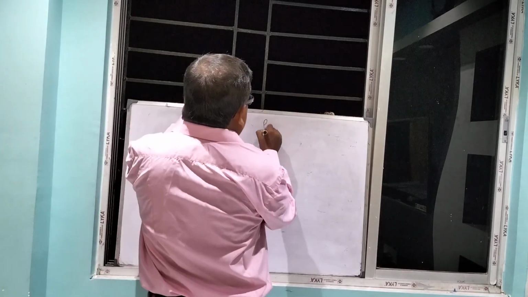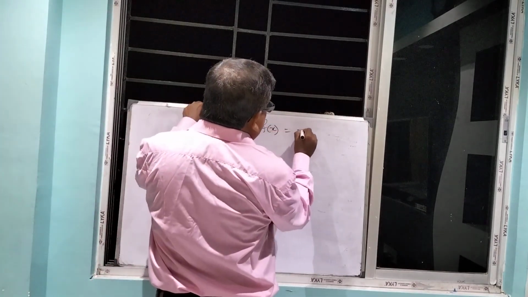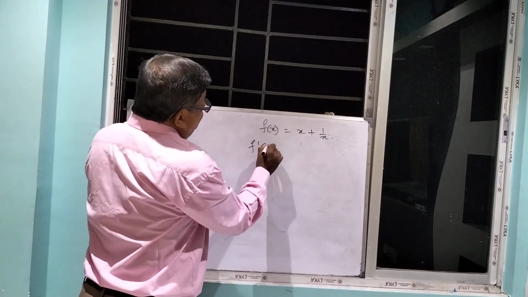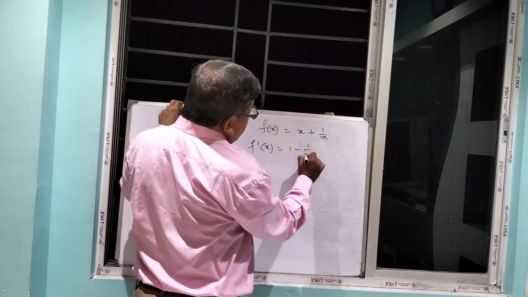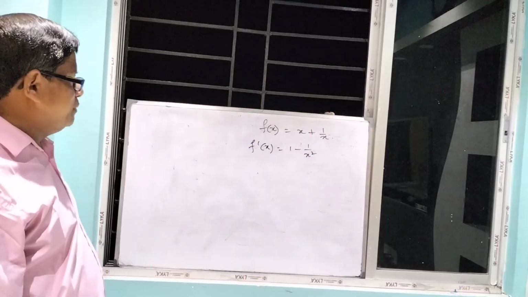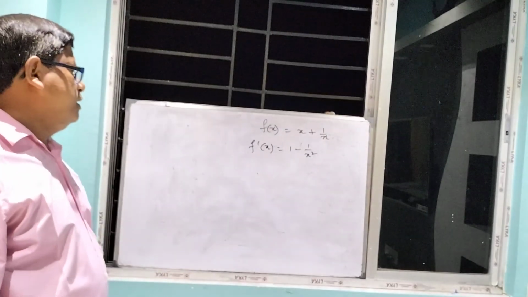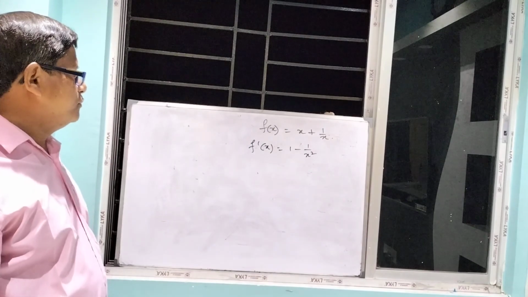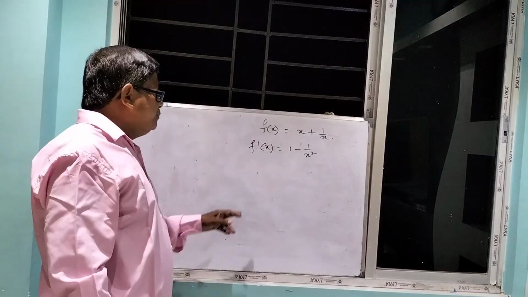Now suppose f(x) equals x plus 1 by x is given. So f dash x we find out is 1 minus 1 by x square. Then suppose f dash x is 0.